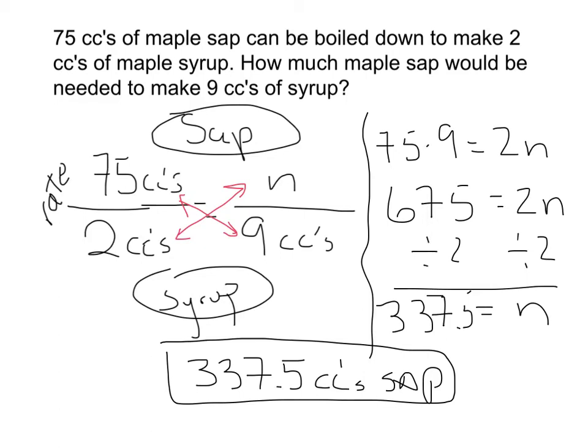So this proportion was a little more difficult than the first slide because we needed to find exactly sap versus syrup, and the units didn't help us, whereas in the previous problem the units of cans told us where the cans of paint goes, and the units of wall space told us where to put the wall space, whereas this cc's doesn't help us, so we have to be more precise and use labels that say we're comparing sap to syrup.